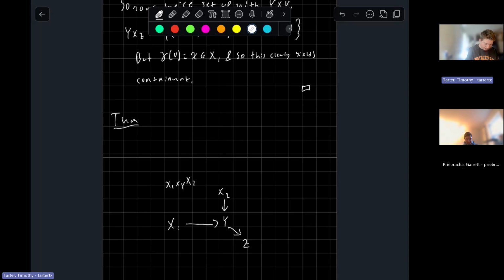Oh, this is notational hell. And then through the Cartesian, oh yeah, with Z. Oh yeah, this is really trivial.